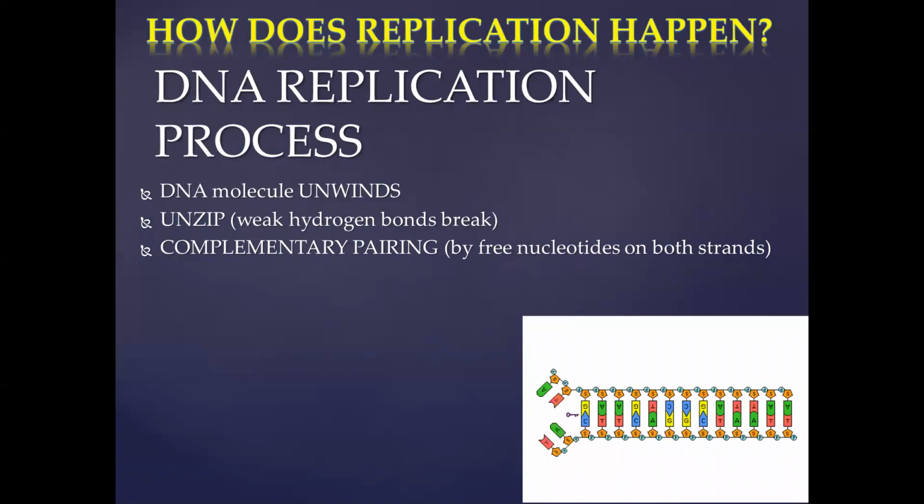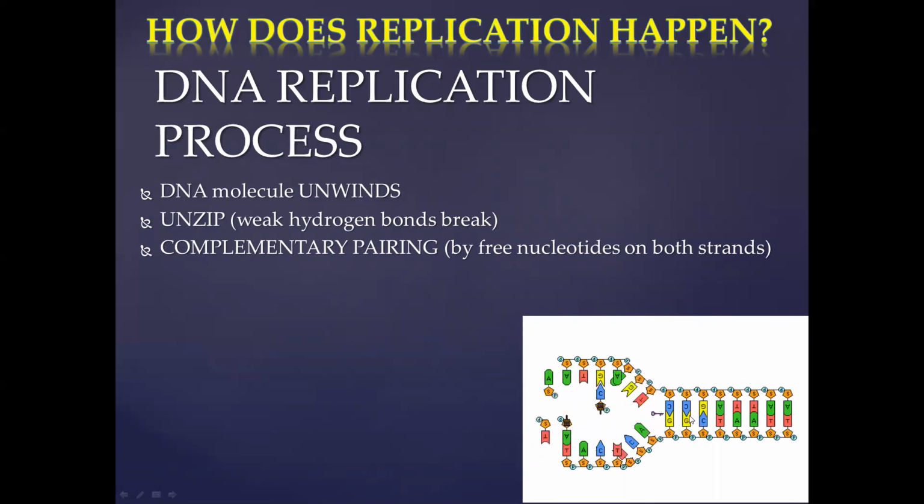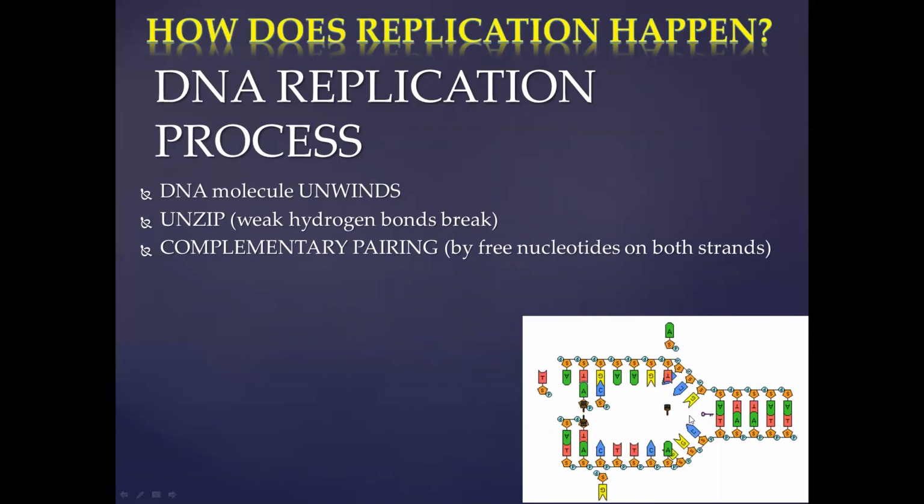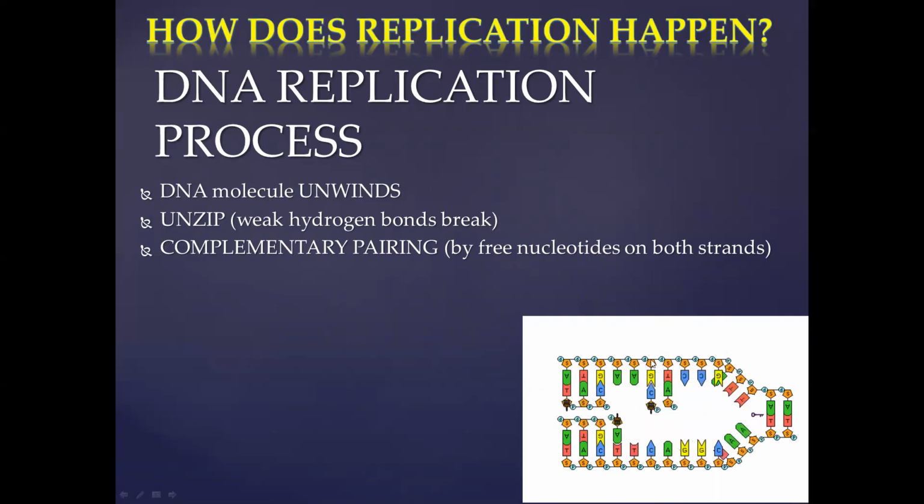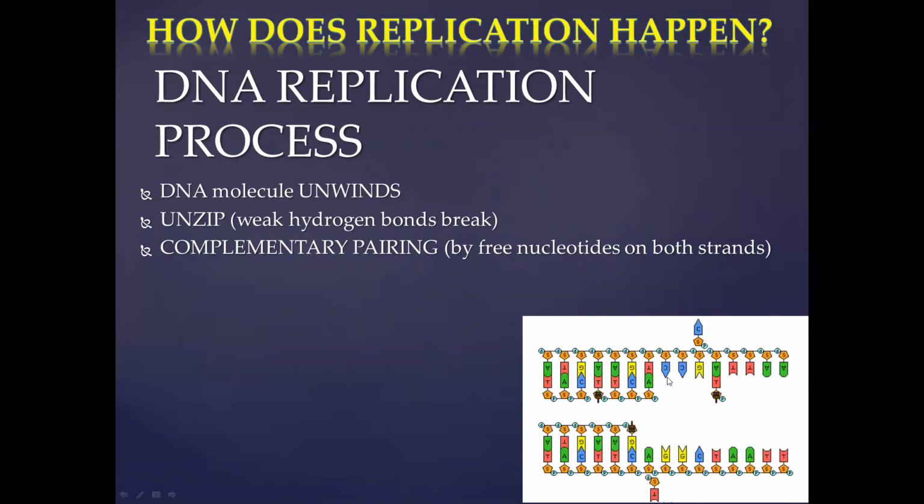So here's a DNA molecule, and you can see there's an enzyme that has unzipped it by breaking the weak hydrogen bonds. And now we have complementary pairing by free nitrogenous bases. If there's a T, an A will join in there. If there's a C, a G will join in here. If there's a G, a C will join in on this side. In that fashion, free nucleotides join in, and an enzyme will come and join the sugar phosphate backbone so that the new strand that's formed will occur on both sides.